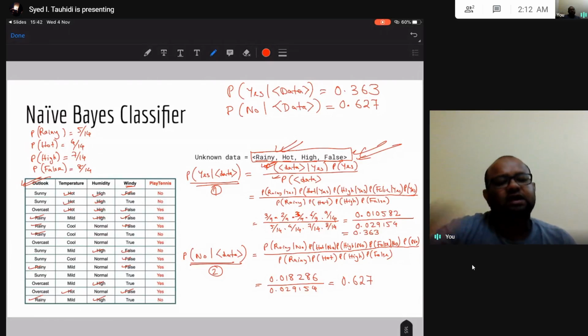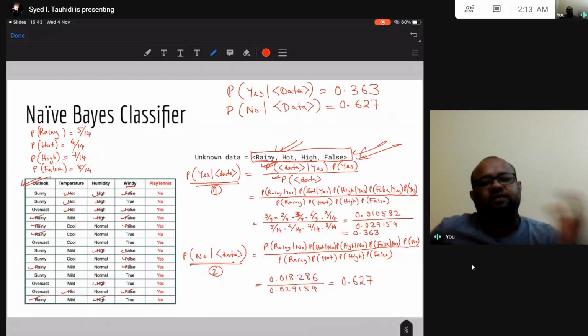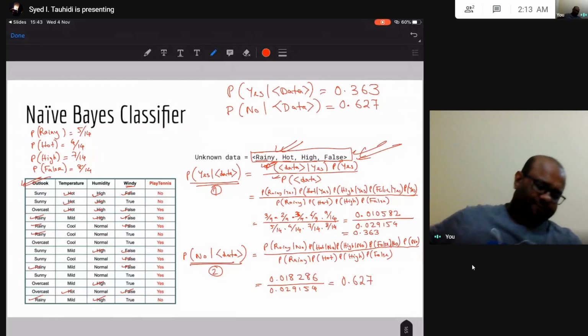Anyway, the one that has the biggest numerator is going to have the highest probability, because all these different numerators are going to be divided by the same denominator. So we can avoid doing this. That will simplify our calculation without changing our classification. Whatever classification we would have made, we are going to make anyway. So that does not change anything.